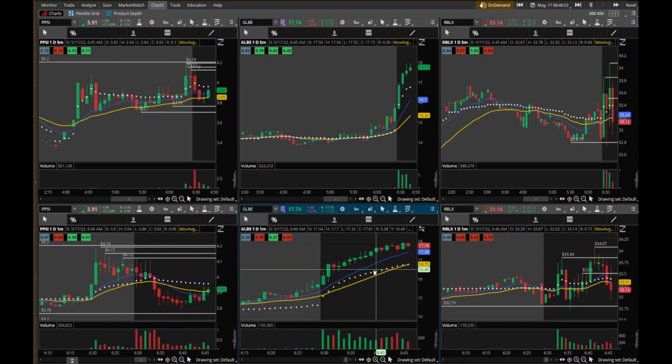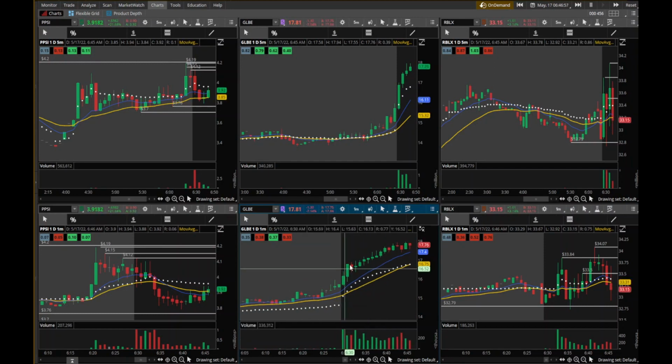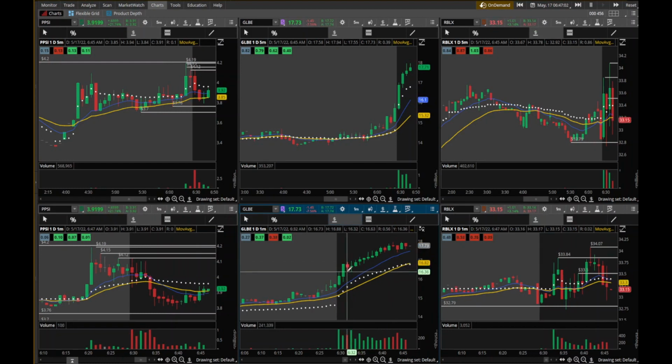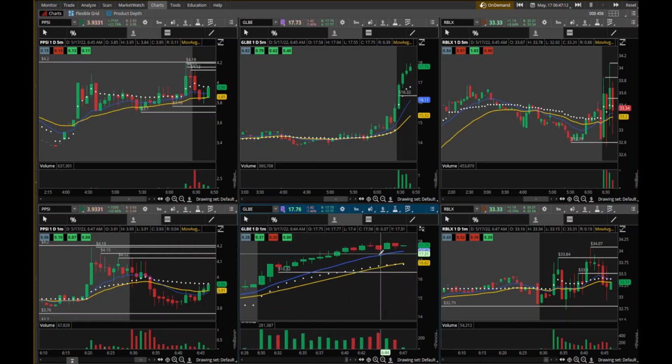It didn't pull back and create a nice little area of support. You got this red bar where it pulled back here, so you could say maybe this is an area right there, but then you're trading below the VWAP if it comes down to there.